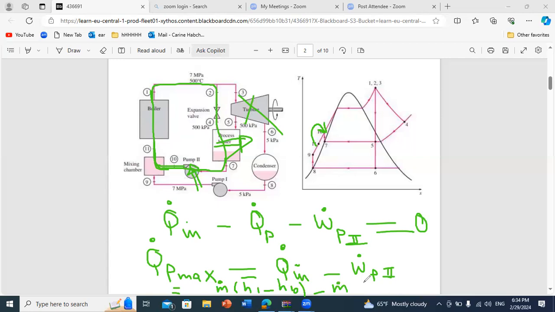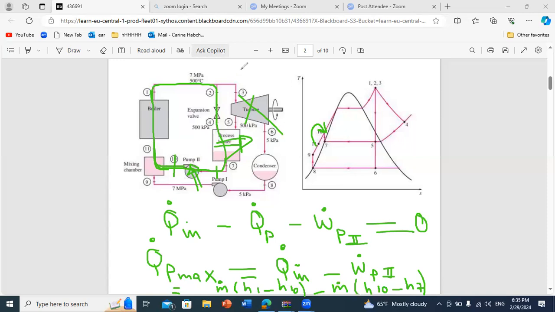So minus m dot times, for my pump, we have to do h out minus h in, so h10 minus h7. And then I can calculate the maximum process heat that can be delivered.